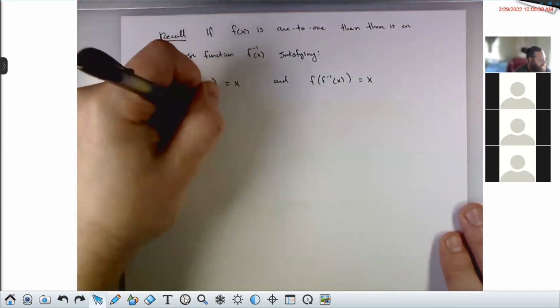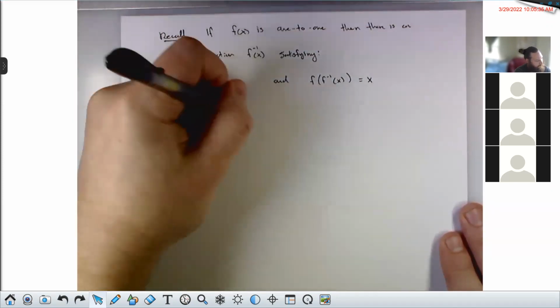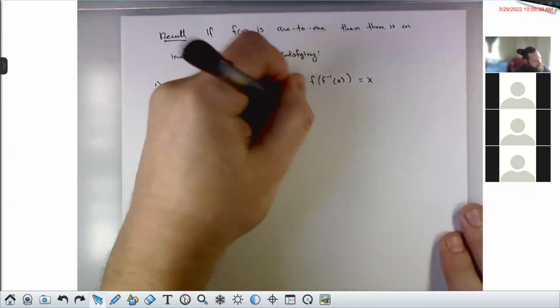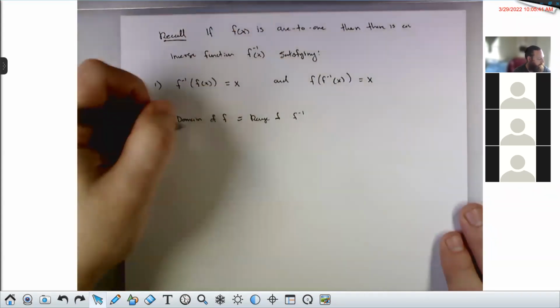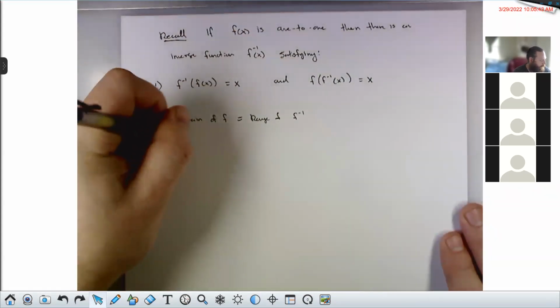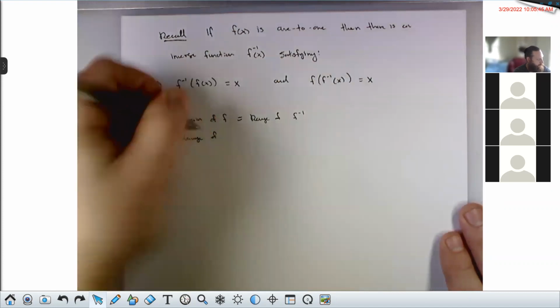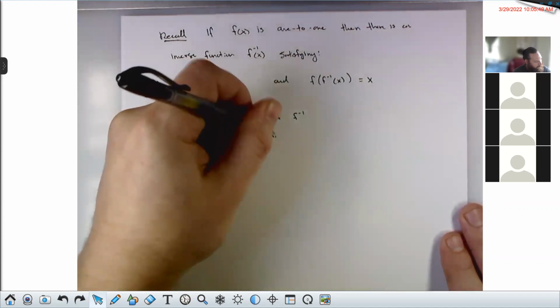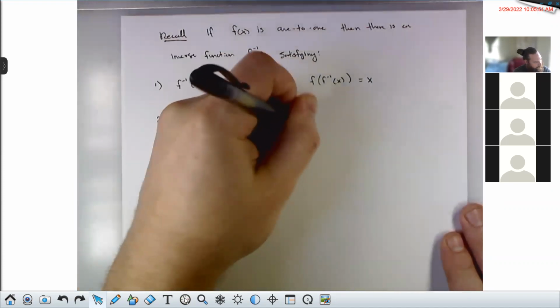The domain of f is the range of f inverse, and the range of f is the domain of f inverse.